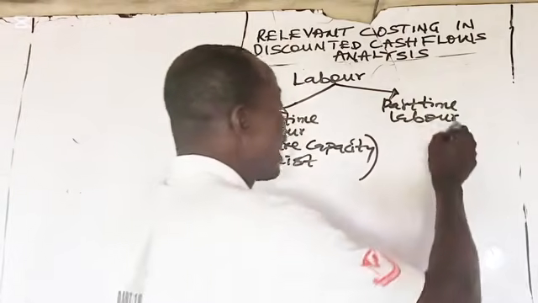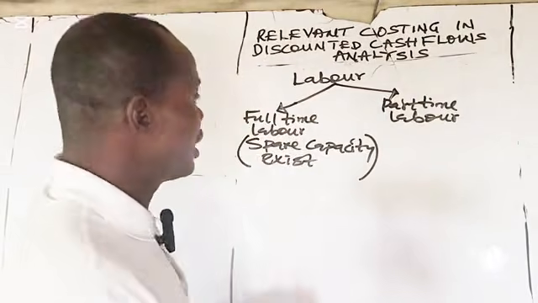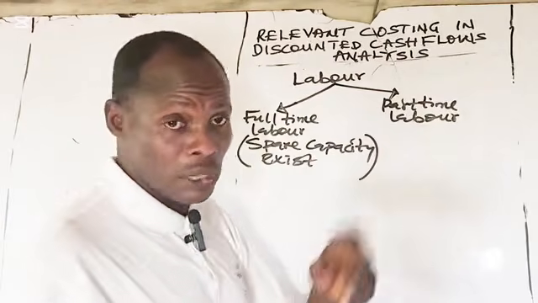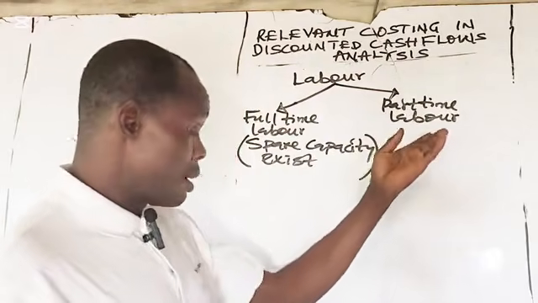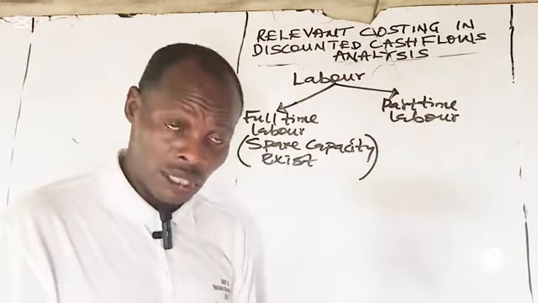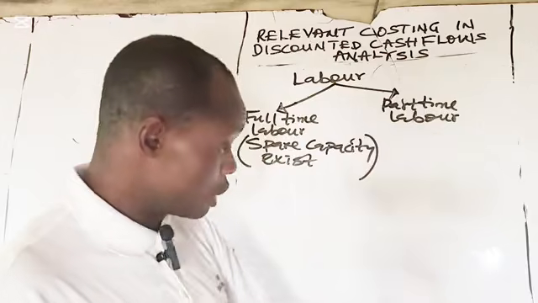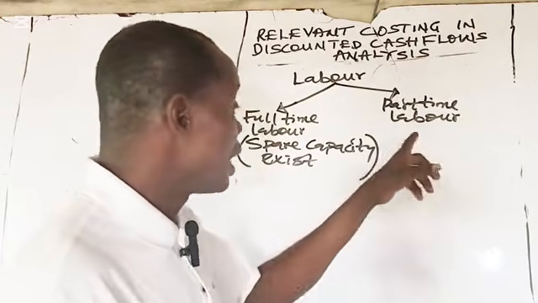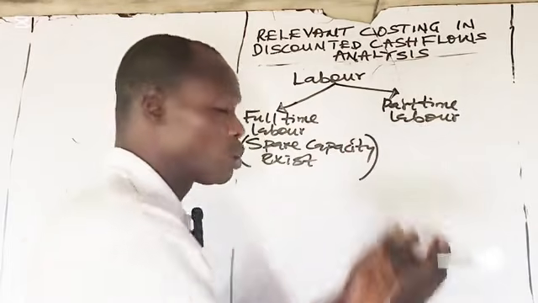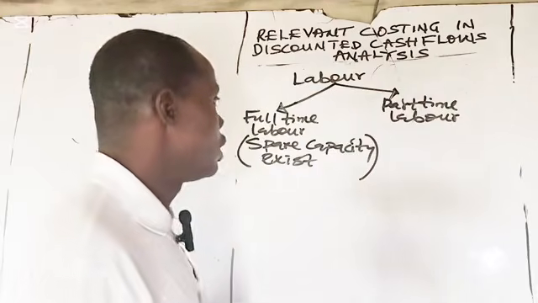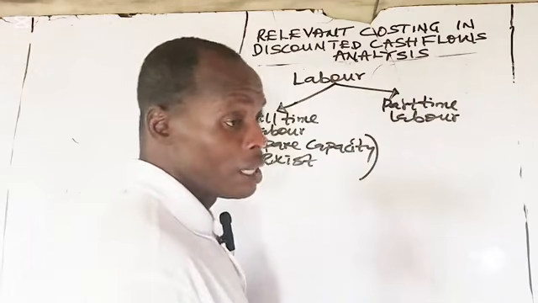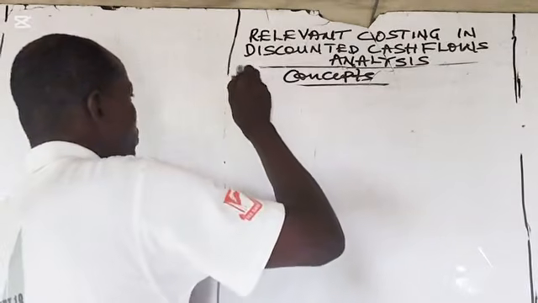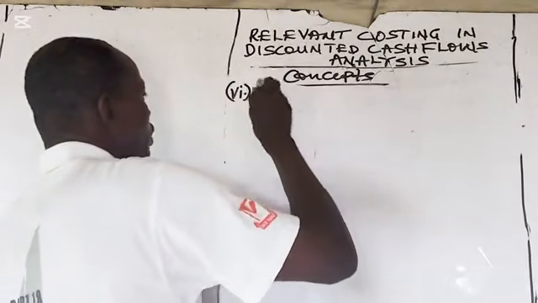But for part-time labor, these are workers that will specifically work in the project in question. That means they will be employed because of the project under consideration. Without the project in question, these staff will not be engaged. We only engage them temporarily to come and assist you in that particular project. So the wages you pay them is a relevant cost. Number 6, we have opportunity costs.